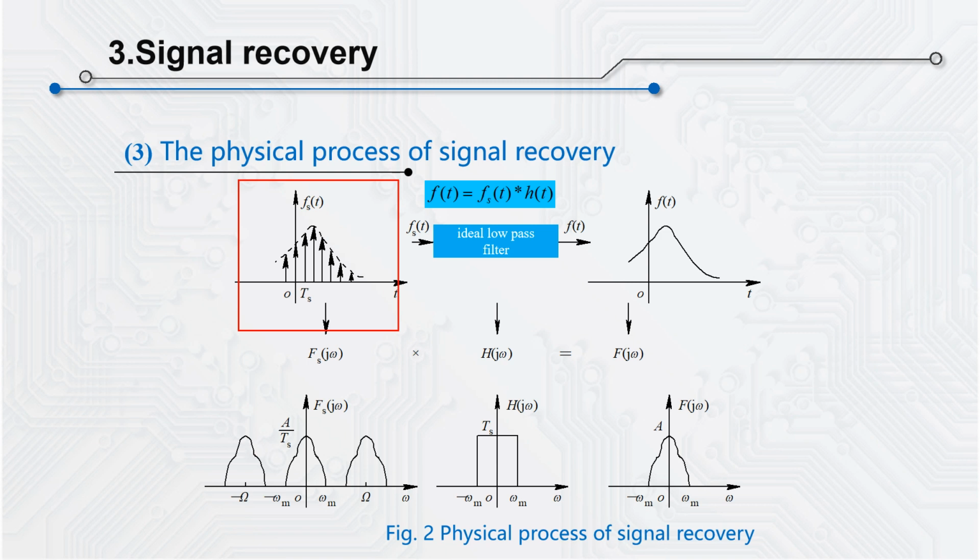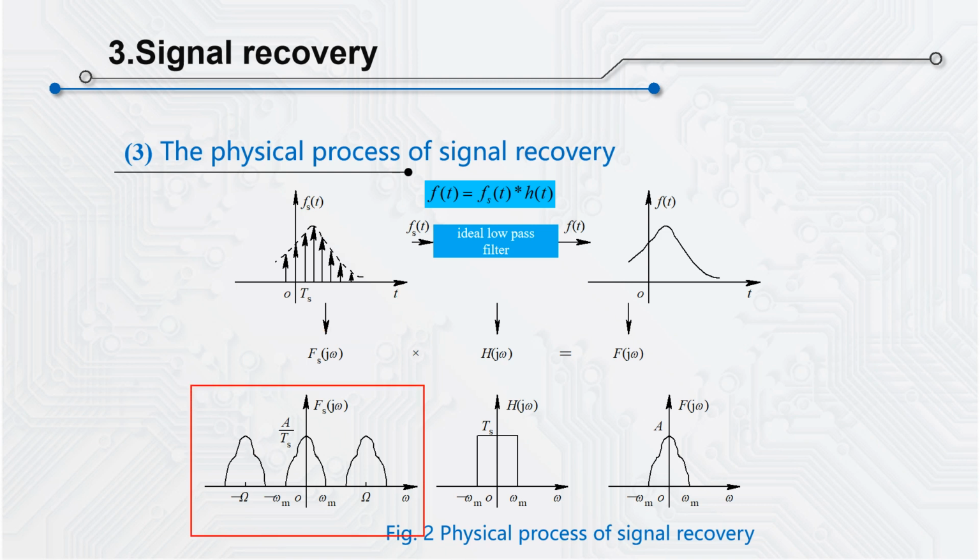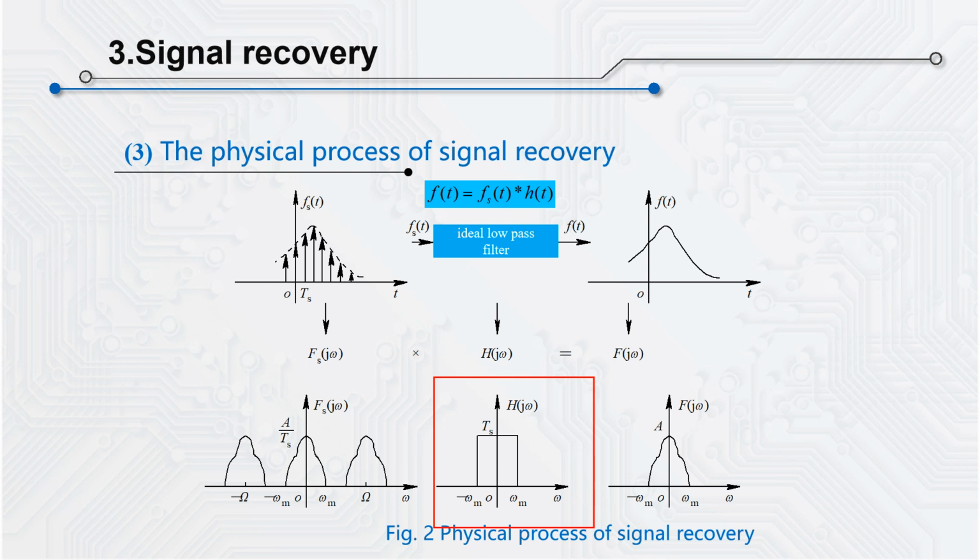As shown in the figure, this is the time domain sampled signal. This is the spectrum of the sampled signal. Such a spectrum enters a low-pass filter and its high-frequency components are filtered out. Only the low-frequency components are remained. Finally, the spectrum of F(jω) is obtained.